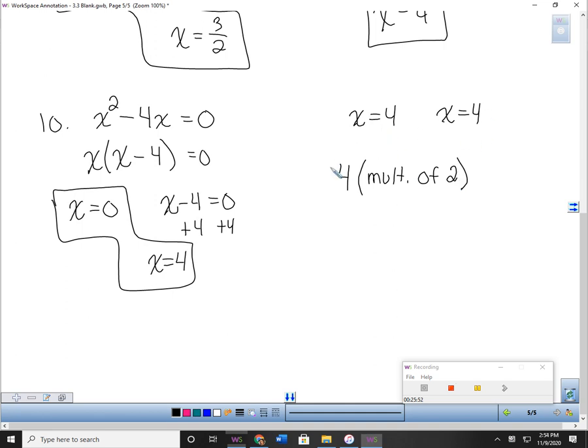All right? So if you get two of the same, you're going to write down the answer you got and then put multiplicity of 2, because you're not going to have more than two answers in this lesson. Okay? So if I had like 3 of the same answer, like eventually we will, you would put multiplicity of 3. You just tell me how many of those answers that you have.